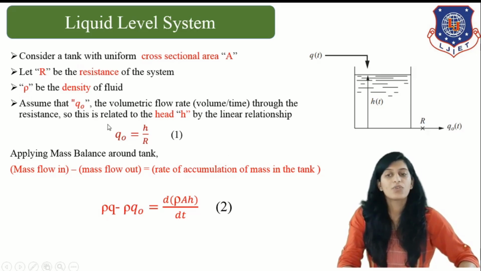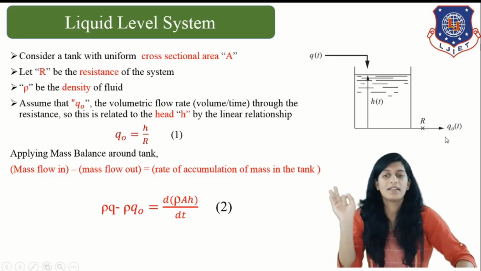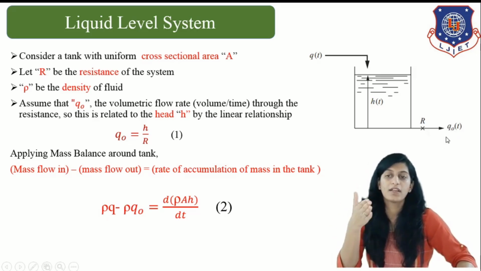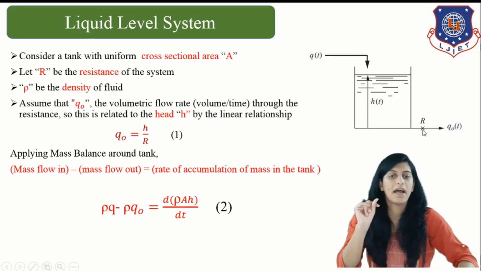So what we need to initially determine is this q0. Let us assume that q0, the volumetric flow rate through the resistance, is given by h by R. Why?